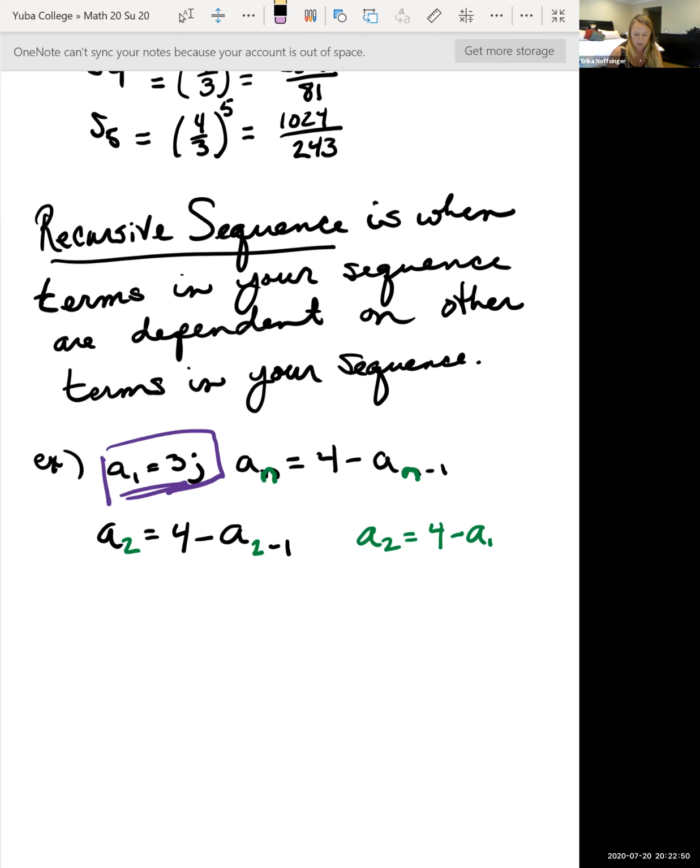So your a sub 1 value we're given is 3. So let's go back. We can find what a sub 2 is now. We know a sub 2 is equal to 4 minus a sub 1, which is 3. So a sub 2 is equal to 4 minus 3, which is 1.